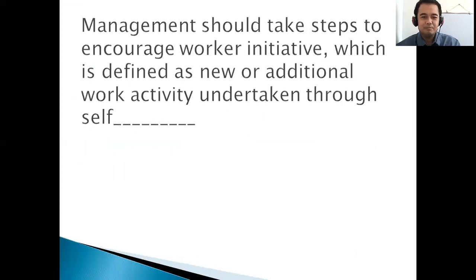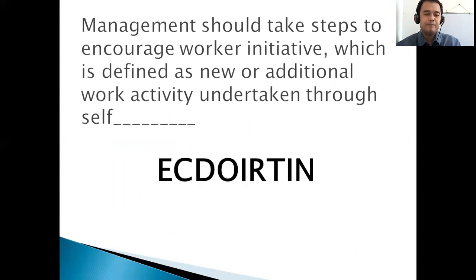Management should take steps to encourage worker initiative, which is defined as new or additional worker activity undertaken through self. Self starts with the letter D. So you have a clue on what the things you will answer in the module are.